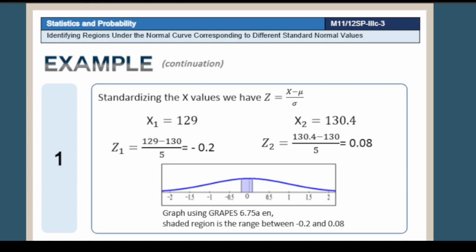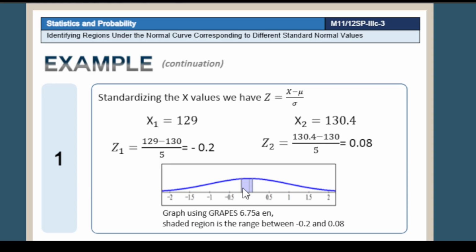On the right, on this part, we have the second z-score. So we have 130.4, subtracted from 130 and divided by 5. So we'll have 0.08, which is on the right of 0. So -0.2 and 0.08 is the area covered.